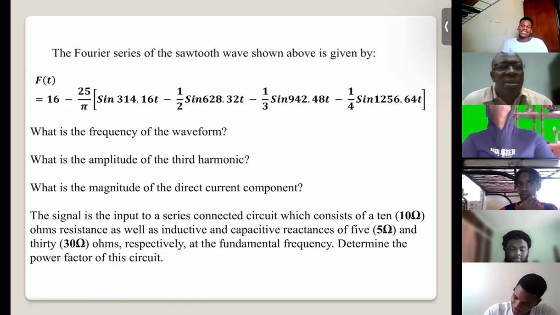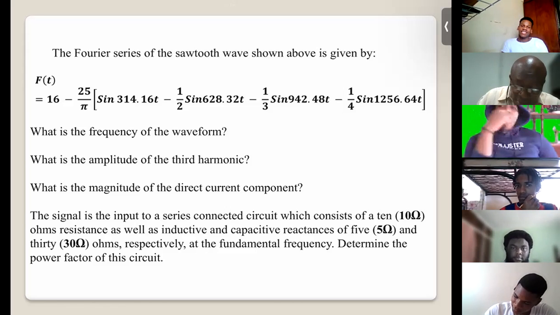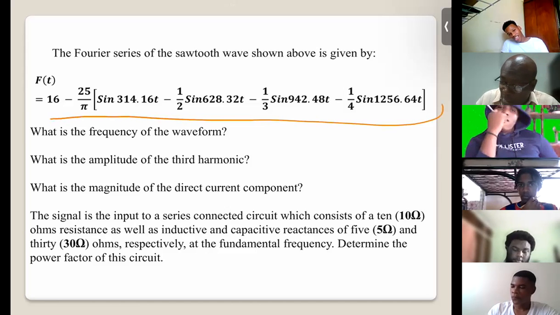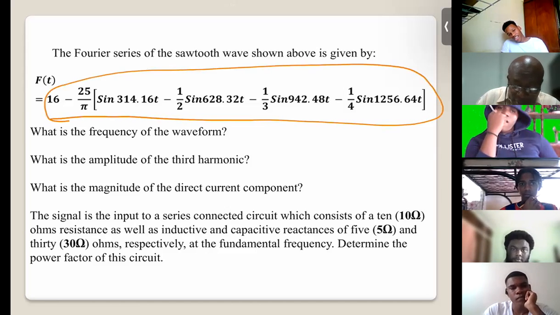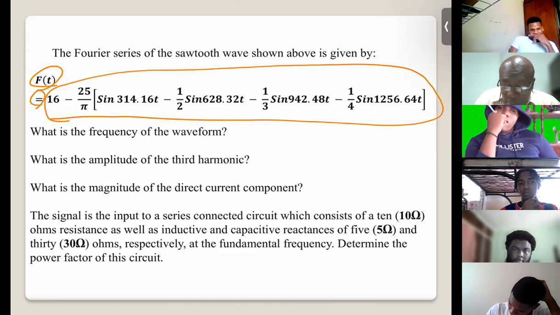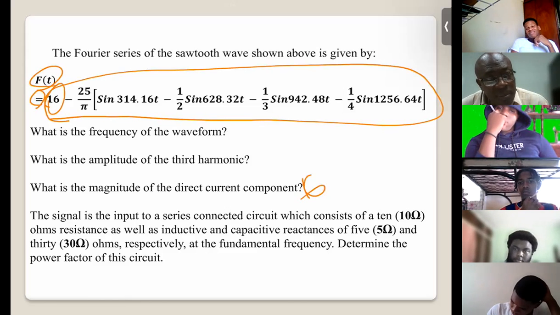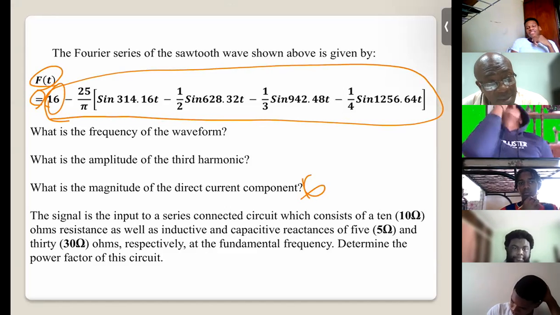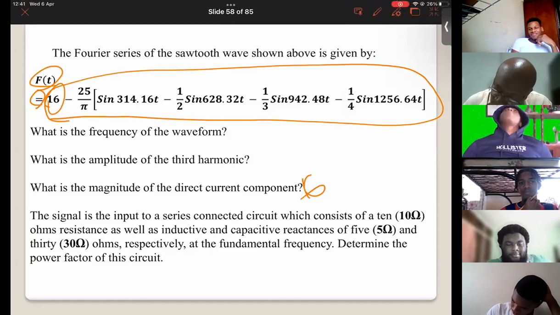Boss man, f of t equals the whole of this. All of this is f of t. You see f of t up here, so see the equal sign there. The only thing down here that doesn't have any sine attached to it is 16. So the DC is 16. Right, Mr. Bernard? Thank you, sir. Thank you for the clarification. You're most welcome, sir.